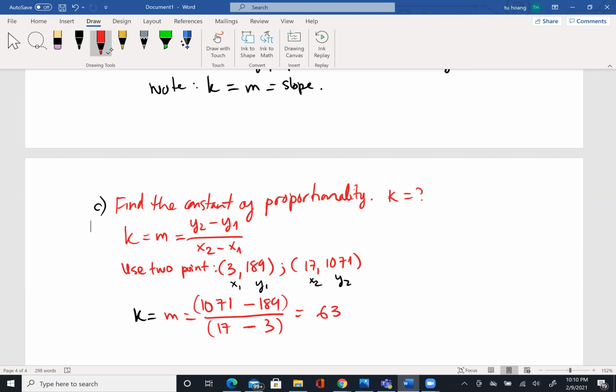So that means what? That means tuition is $63 per credit, right?